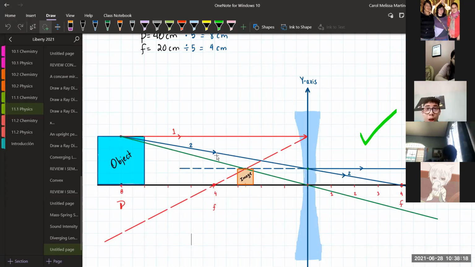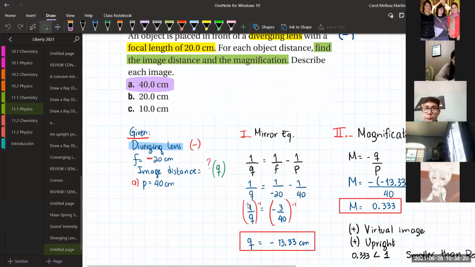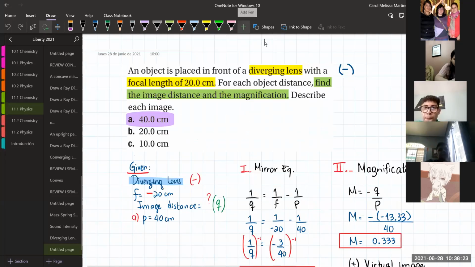Okay, so right now, I know that you have just 40 minutes, but start working on the part B, okay? Start working on part B. So in the part B, you're gonna have the same divergent lens, but the thing that changes is the position of the object.